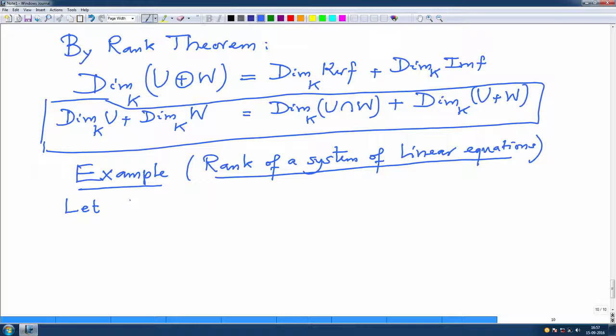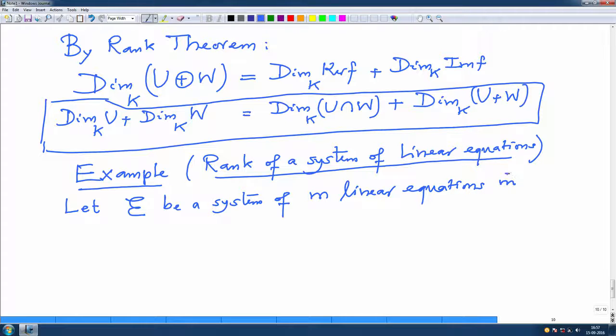I will let E be a system of m linear equations in n unknowns, which we are calling x1 to xn, over a field K.